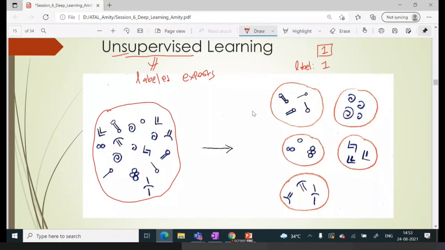Then the deep learning system will give you this as output, and now you will get some idea that this is your first class where this kind of symbols are used, this is your second class, this is your third class, this is your fourth class, and this is your fifth class. So in some sense your deep learning system has given you clustering on this data.